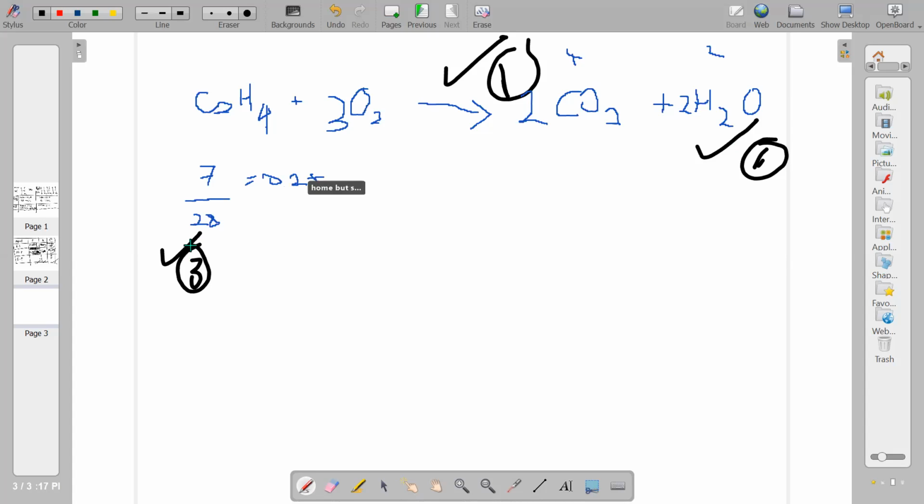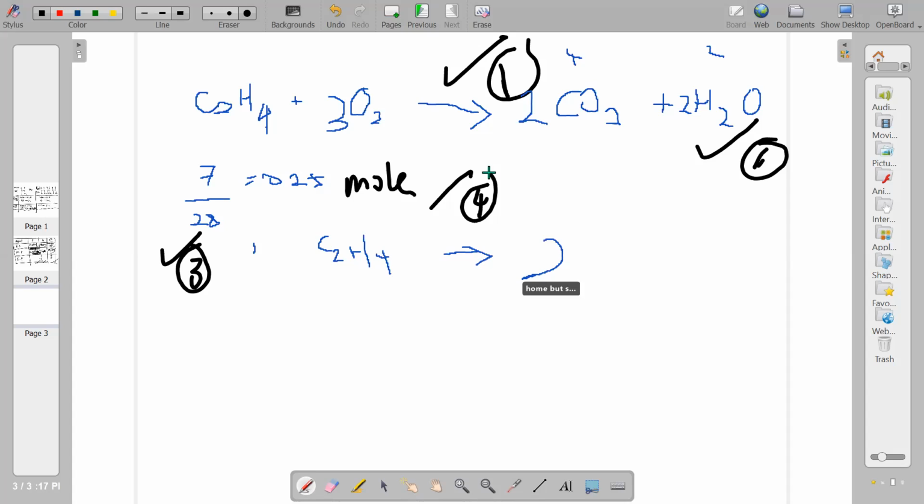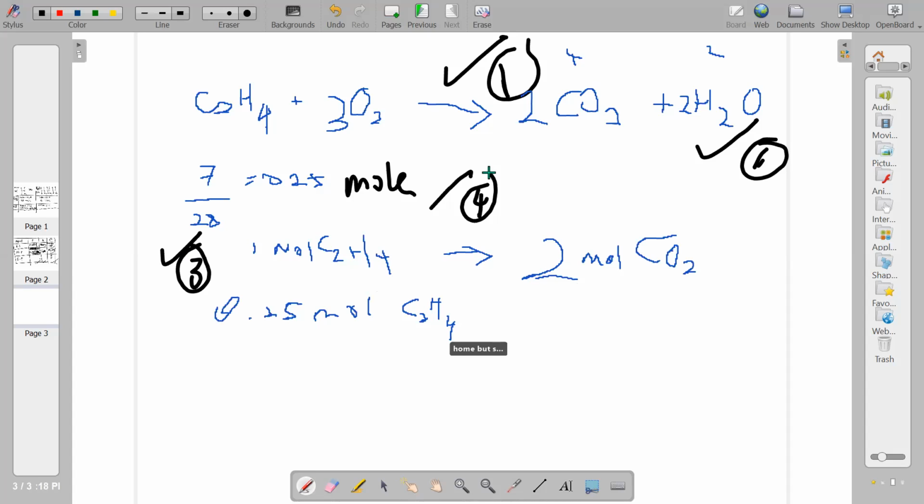And then if you compare it, since they wanted gas produced, you have to compare with the carbon dioxide. So 1 mole of alkene gives you 2 moles of carbon dioxide. Zahir, can you put the word mole or not? If you don't put mole, your marks are 0, you know. Both sides, thank you. Then 0.25 moles of alkene gives you times 2, since the difference here is times 2.